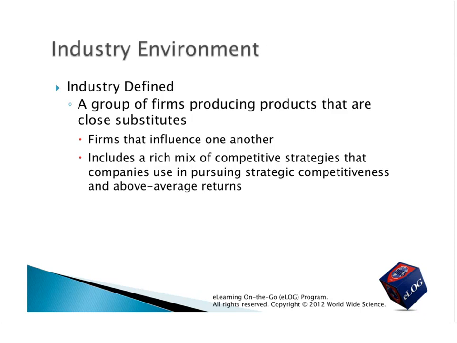So it's important to understand how you guys are sort of influencing each other. It includes a rich mix of competitive strategies that companies use in pursuing strategic competitiveness and above average return. So all these are important, you've got to understand what's the meaning of industry.